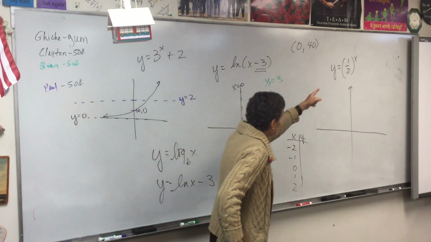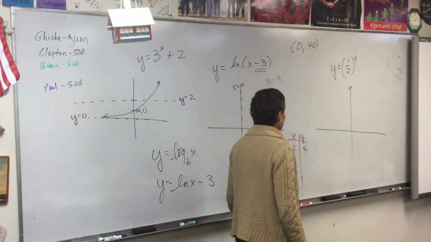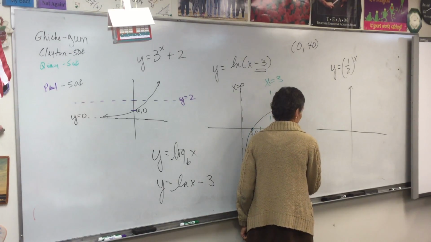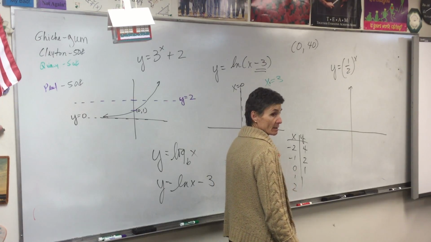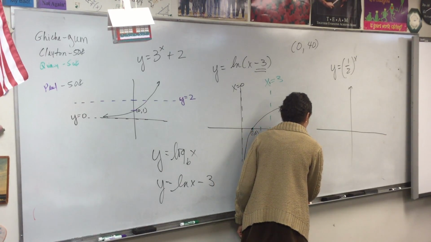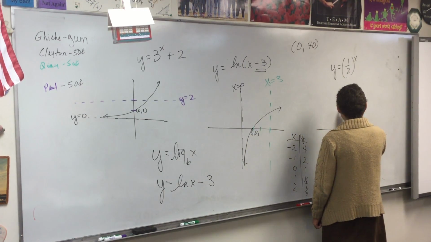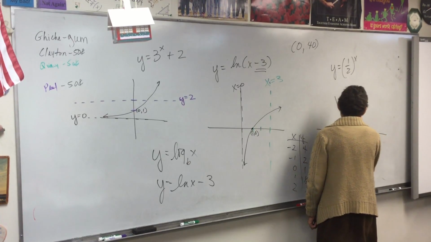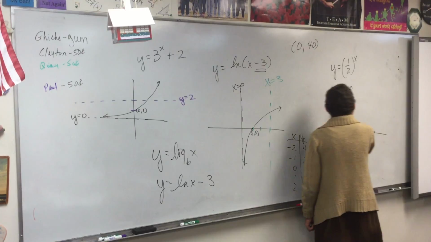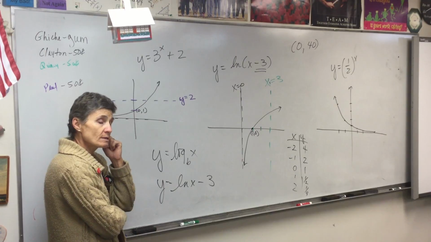So what happens if I let x be -2? 4, -1, 2, 0, 1, we know that for sure. Thanks, Patty. 1 gives us 1/2, and 2 gives us 1/4. So let's plot those and see if what happens is kind of what we assumed would happen. Is that what we thought would happen? Yep. So there's the picture, plotting points, there it is.